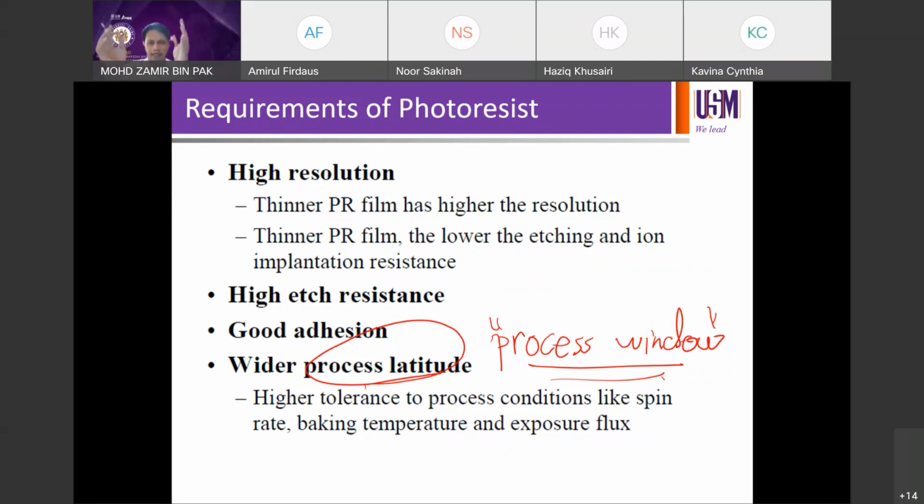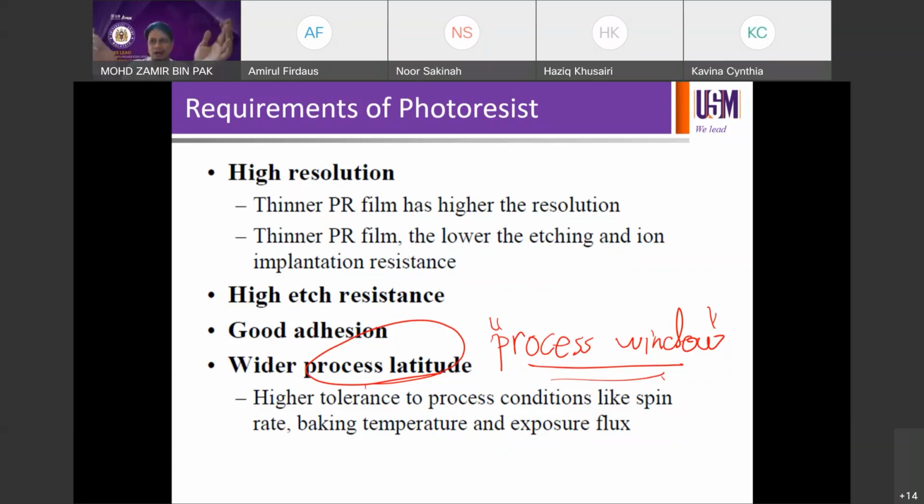It means you have a margin for error. Let's say you have scanner focus drift, it won't affect the CD as much. So that means you have a very wide process window. On the other hand, if you have a very narrow process window, a slight drift in the scanner focus or thickness of the resist will change the CD significantly. So in that case, you have a very narrow process window.